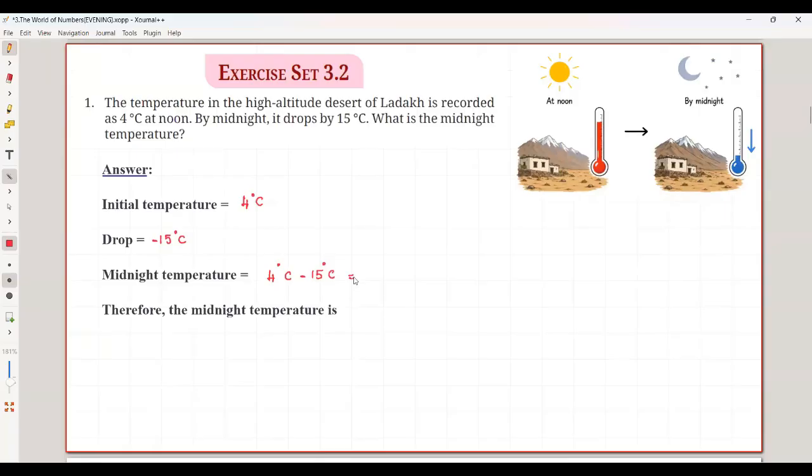Now 4 minus 15 is minus 11 degrees Celsius. Why? Because both have different signs: subtract the numbers and keep the greatest sign. Therefore, the midnight temperature is minus 11 degrees Celsius.